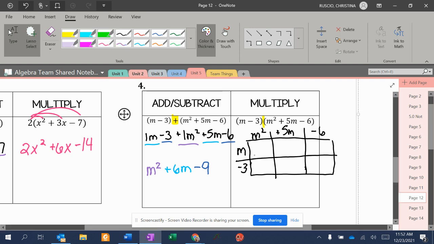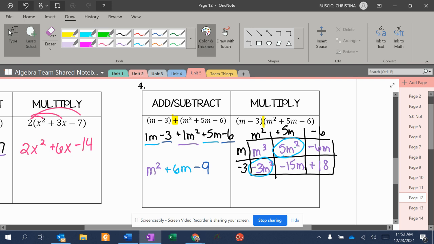M times m squared is m to the third. M times 5m is 5m squared. M times negative 6, negative 6m. Negative 3 times m squared, negative 3m squared. Negative 3 times 5m, negative 15m. Negative 3 times negative 6 is positive 18.